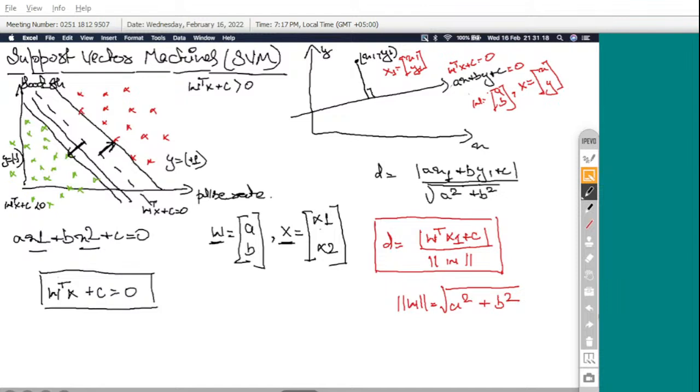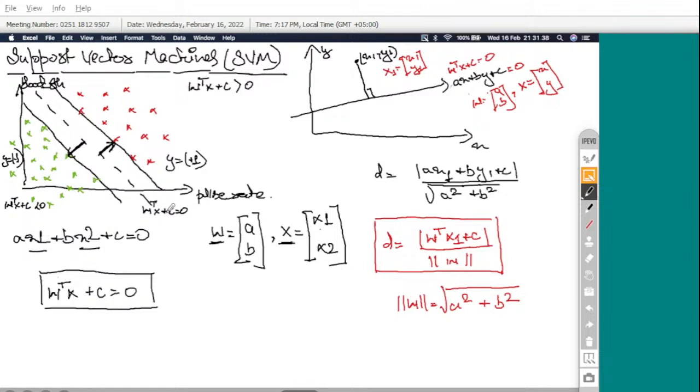The point where both classes' maximum distance intersect is the hyperplane. Exactly. The hyperplane has to be in the middle, and to have the hyperplane in between both the classes, we need to maximize the distance from both the sides.